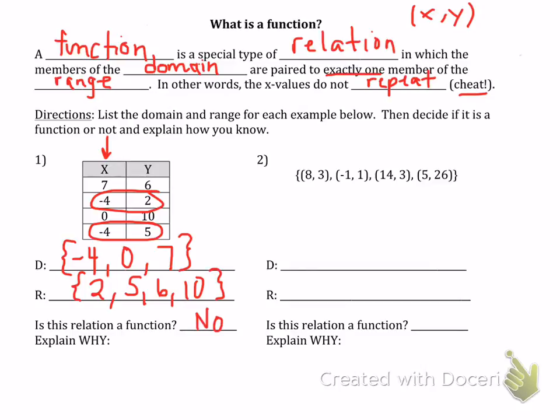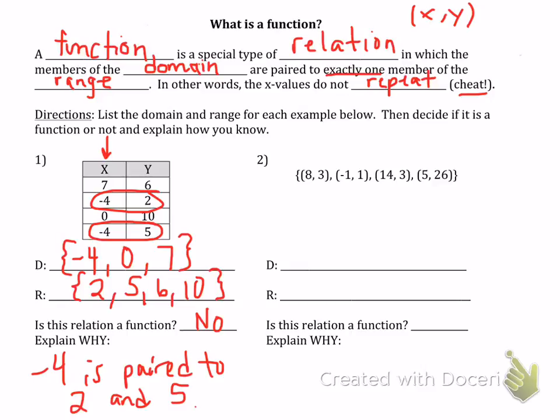How would you explain that? You could just simply say -4 is paired to 2 and 5. Another way of saying it is one of the x values repeats, which I can use in part of my explanation again for a different example, just to show you the different ways you can explain this. But number one is not a function because -4 repeats.